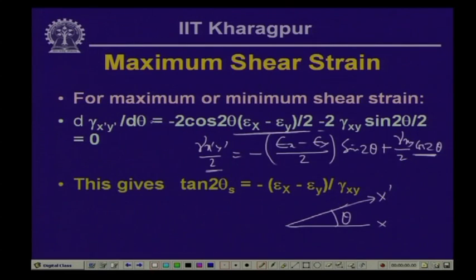And if we set this equal to 0, d gamma x y by d theta equals 0, then we get the value of tan 2 theta again from this expression, which is equal to (epsilon x minus epsilon y) by gamma x y.